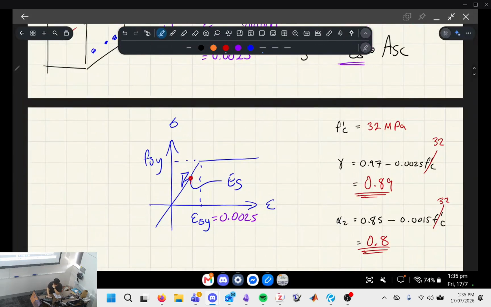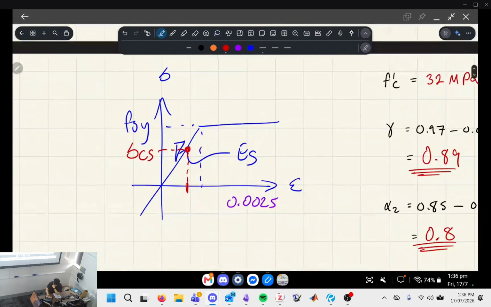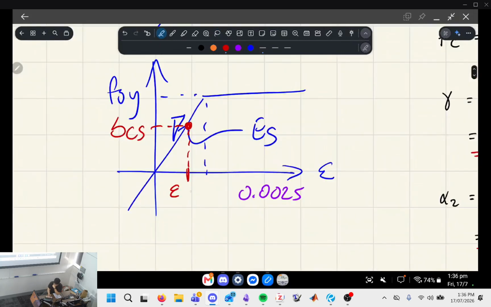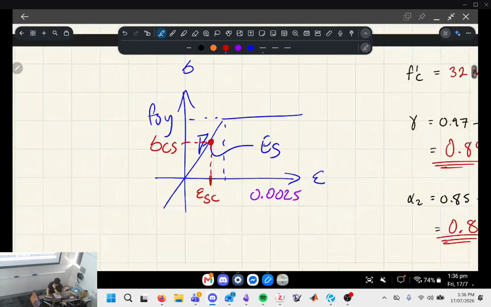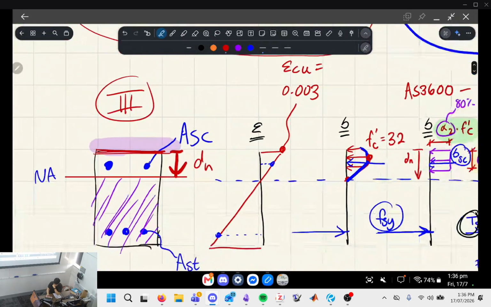However, how do we get sigma SC? So sigma SC might be here, for example. We don't know what that is. This point here, let's call this epsilon SC. So epsilon SC is here.